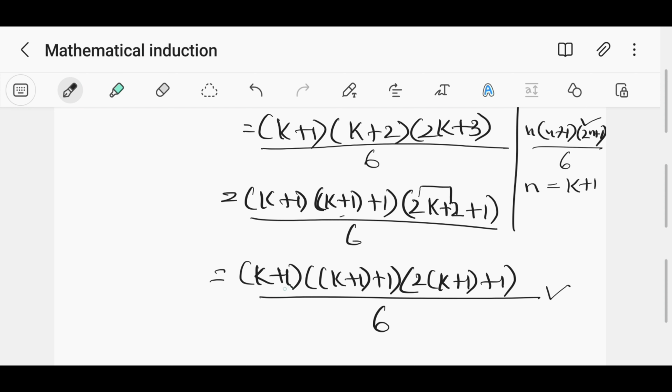We have k plus 1 in place of n in the second term, and in place of n in the third term, you have k plus 1. So wherever you have n, we have k plus 1.